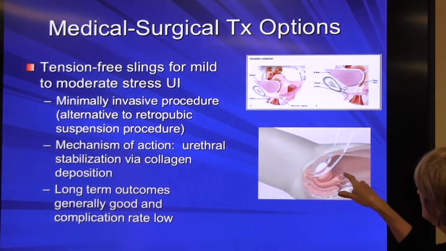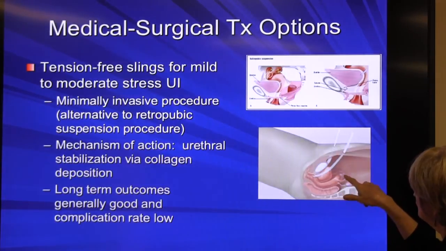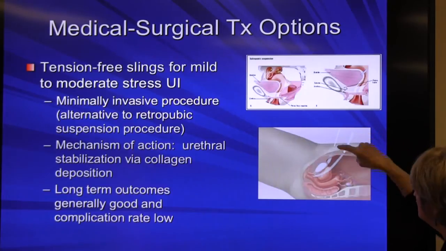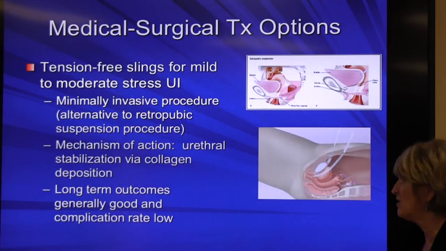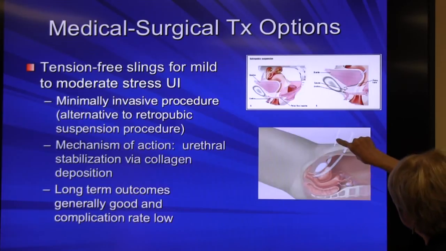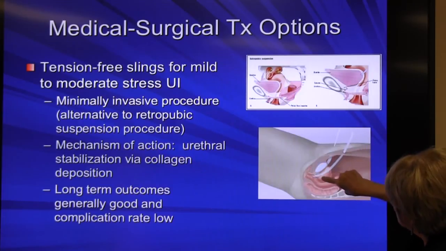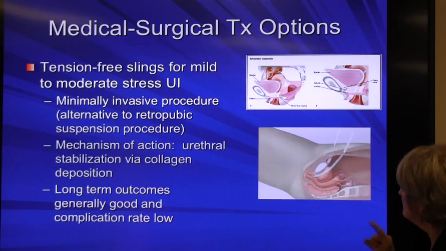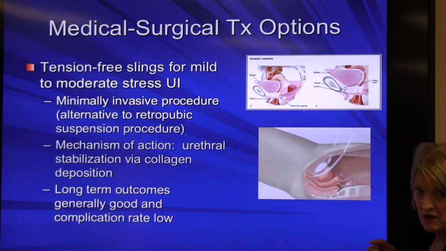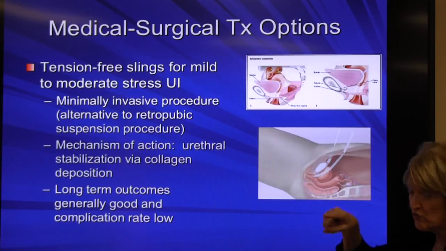With the tension-free vaginal tape, tension-free obturator tape procedure, they have these little kits, so they make small incisions either intravaginally or over the obturator canal. And then they feed a strip of synthetic material right beneath the urethra, just under the posterior urethral wall.